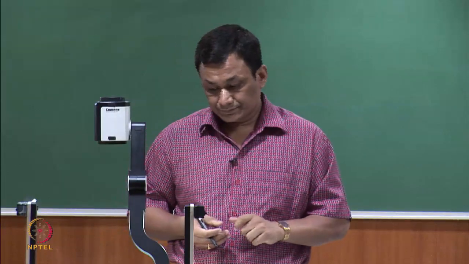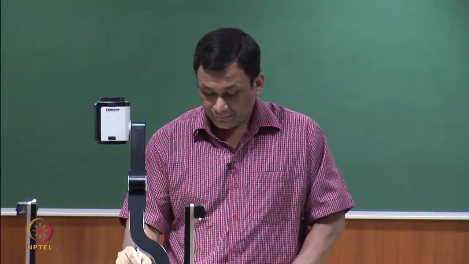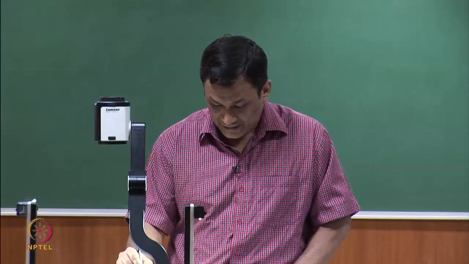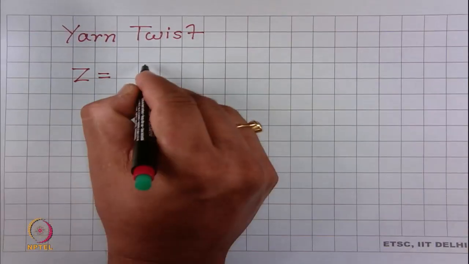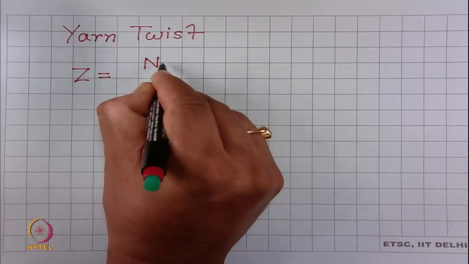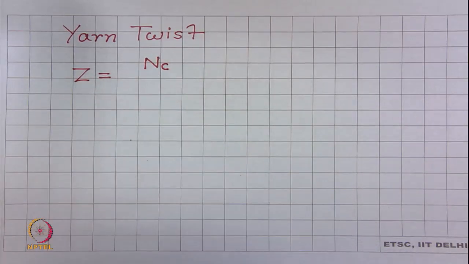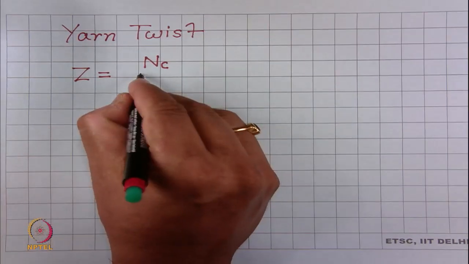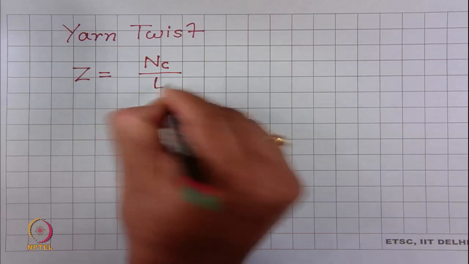Now, this twist is characterized by number of coils inserted in a given length of yarn divided by length of the yarn.